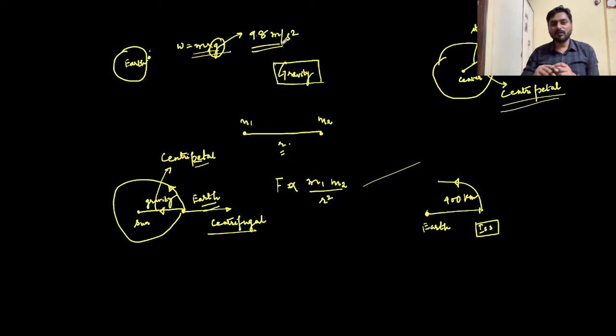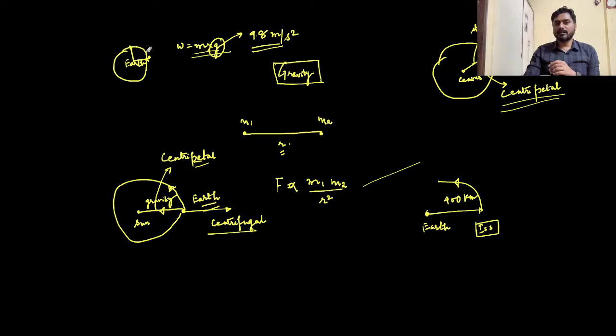This value of g we take as an average value, but this value of g is not the same everywhere on earth. It varies with where we measure g. If we measure g at the equator and if we measure g at the poles, it is not the same value.